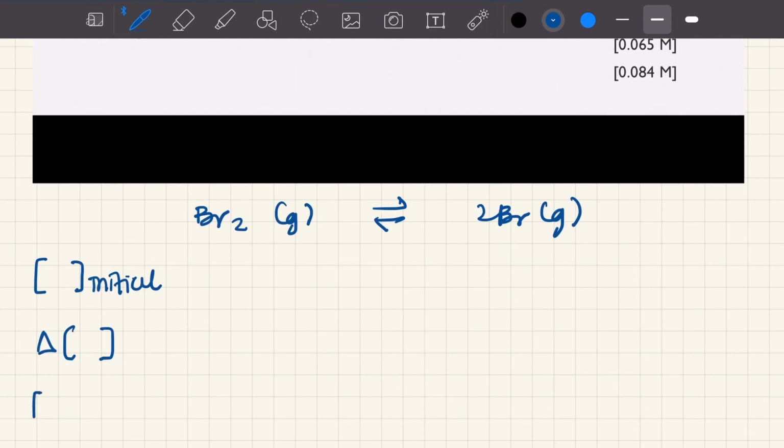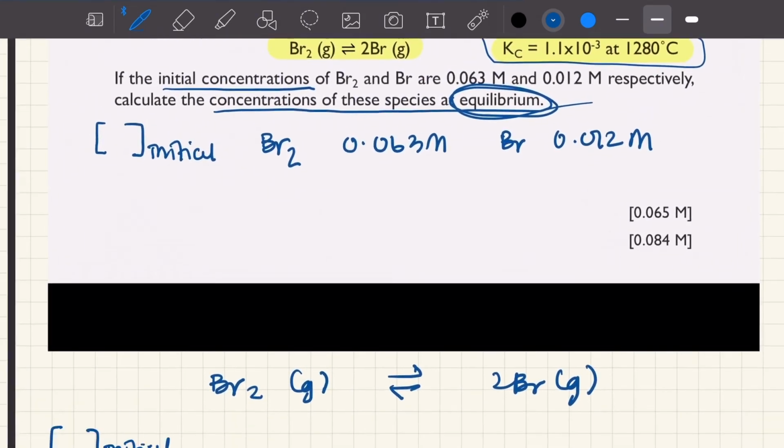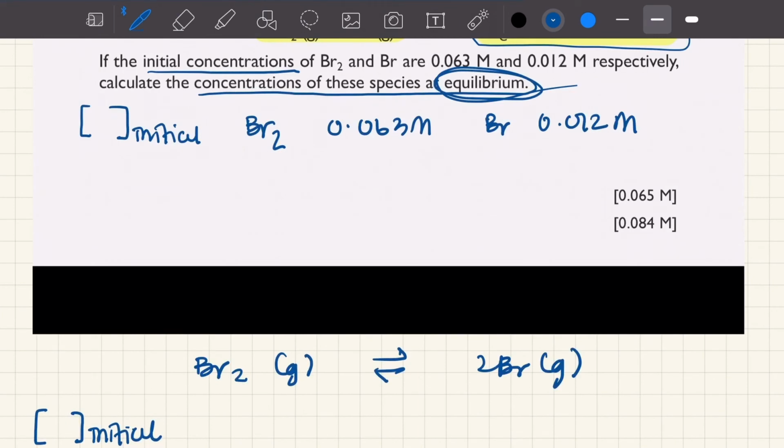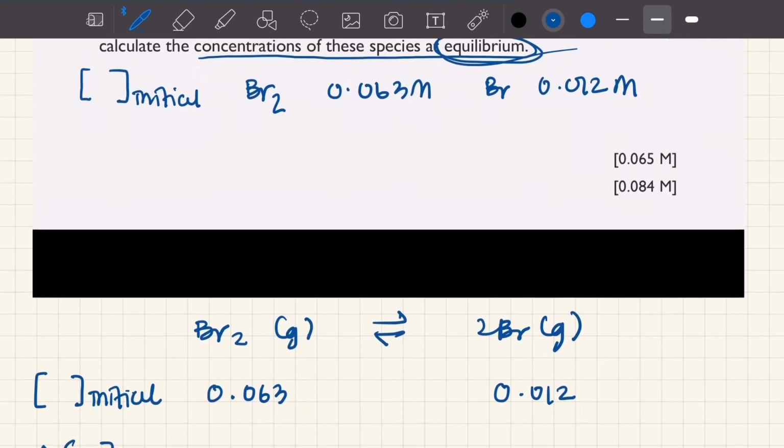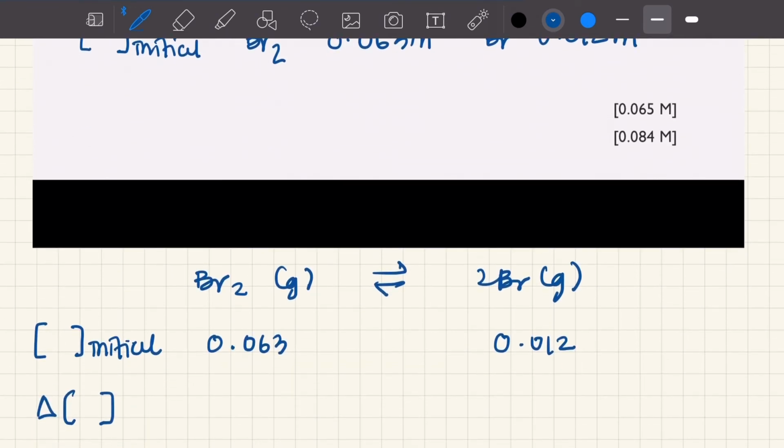And then you're going to write down the equilibrium concentration. Okay? Your initial concentration for Br2 is 0.063 molar. Br is 0.012 molar. So, the change, tengok awak punya mole berapa dekat awak punya equation tu.